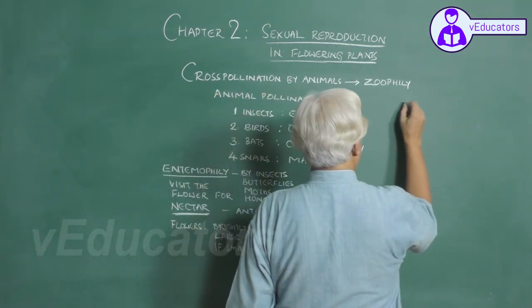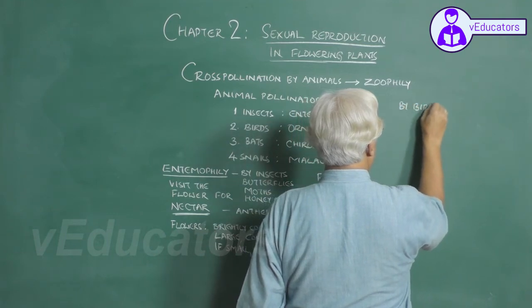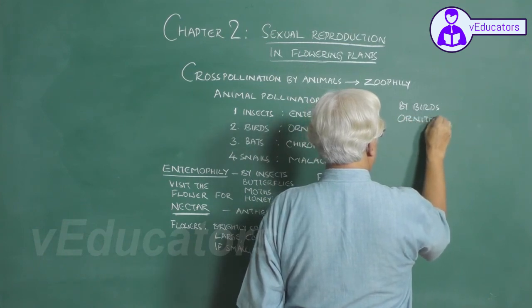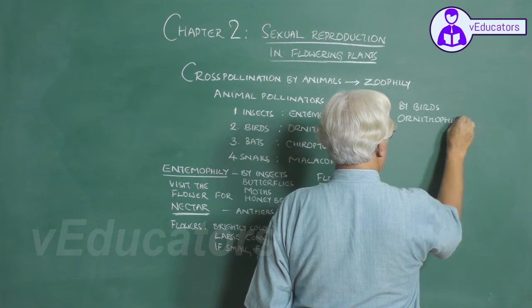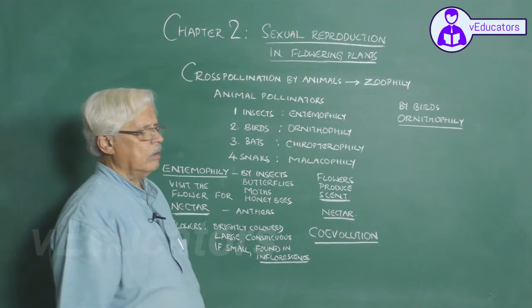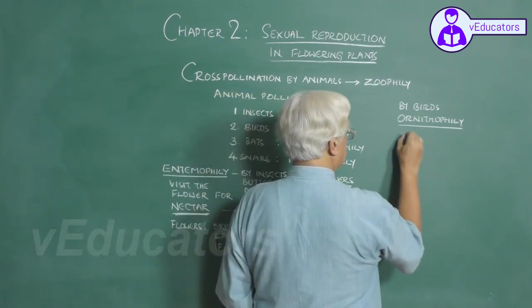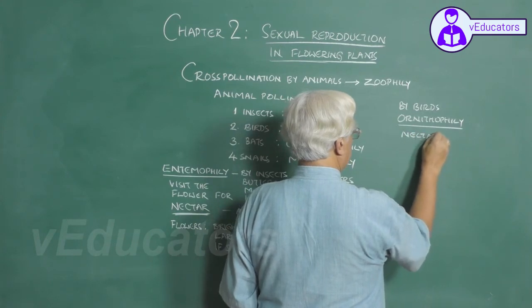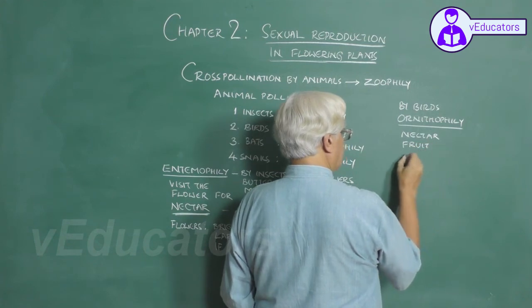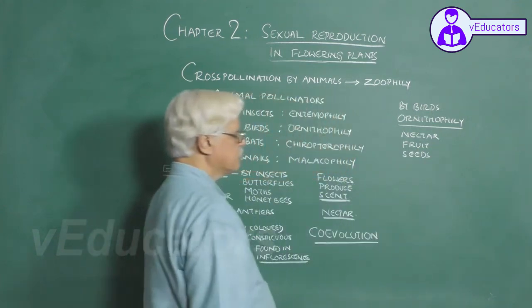Cross-pollination by birds is called ornithophily. Many birds again visit the flowers either for collecting nectar or for feeding on the fruit and seeds.